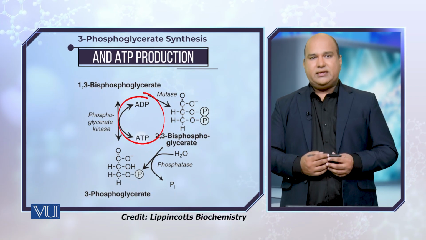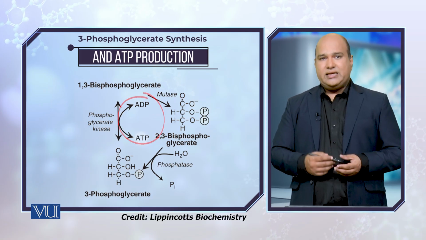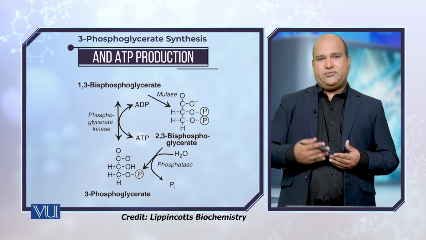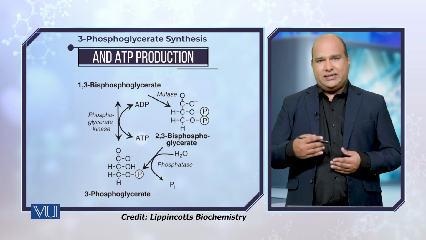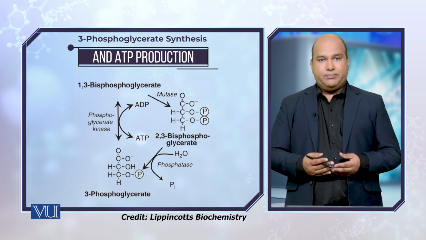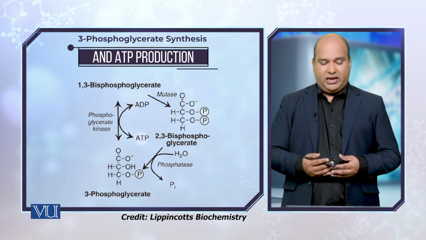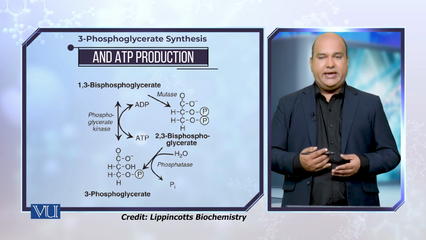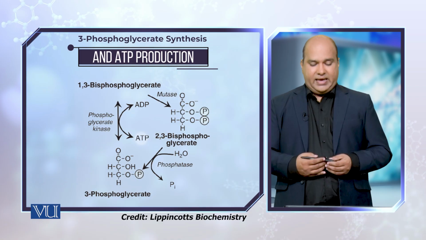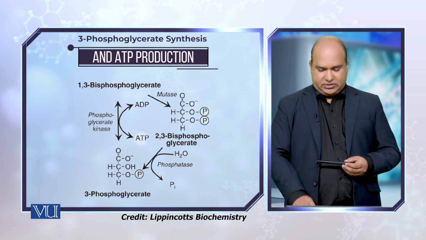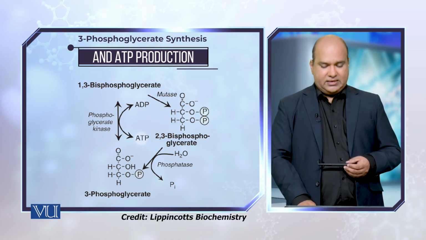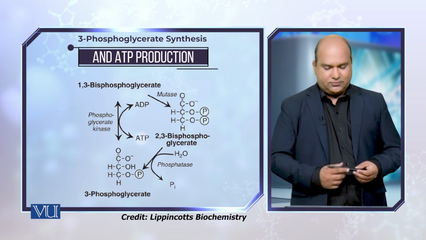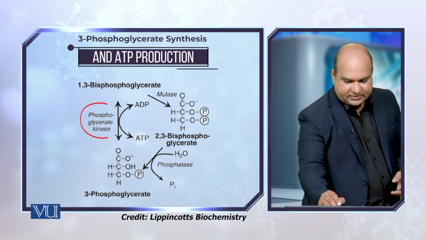The phosphate which was embedded into the 1,3-biphosphoglycerate molecule in the last reaction is now used for the formation of ATP. The enzyme used here is 1,3-biphosphoglycerate kinase.